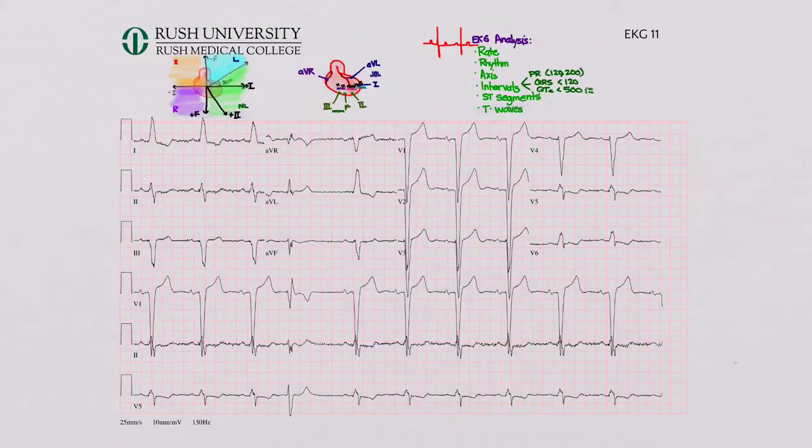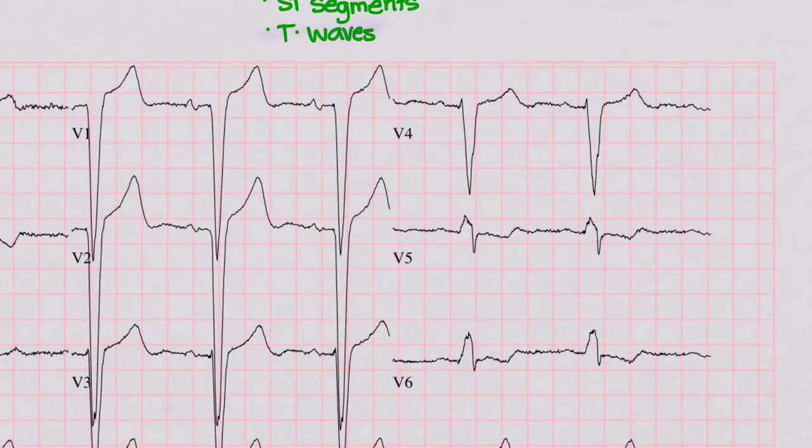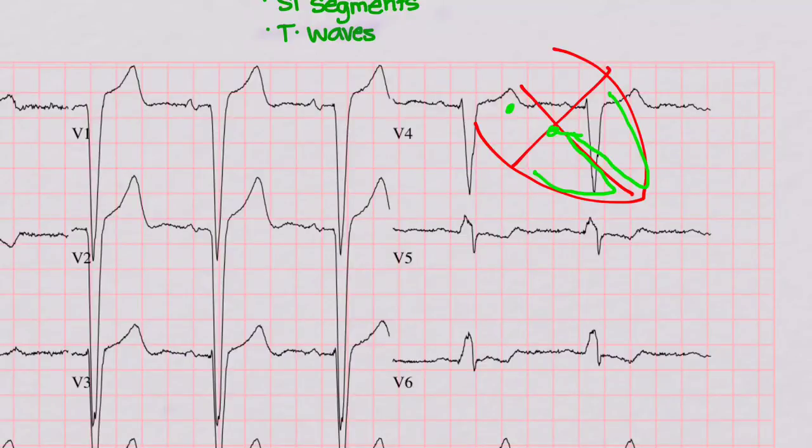Let's talk about that wide QRS quickly, though. And so I'm going to zoom in here for a moment. You'll remember we have an SA node, an AV node, we got our bundle of His, and then our bundle branches. And so sometimes you may actually get a break in one of the bundles, right? These bundles are what are responsible for transmitting signal quickly throughout the ventricle, right?